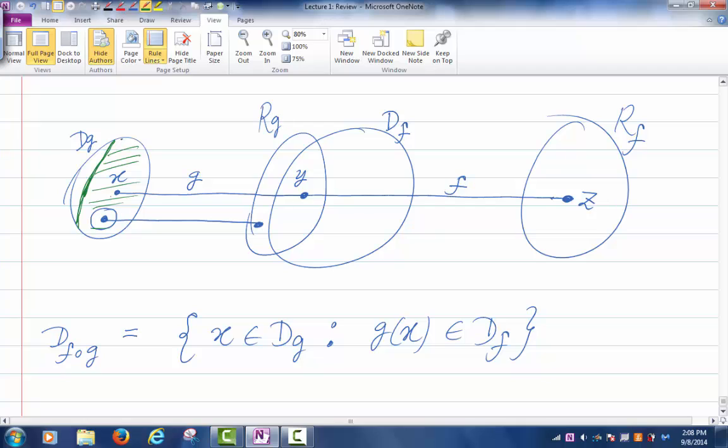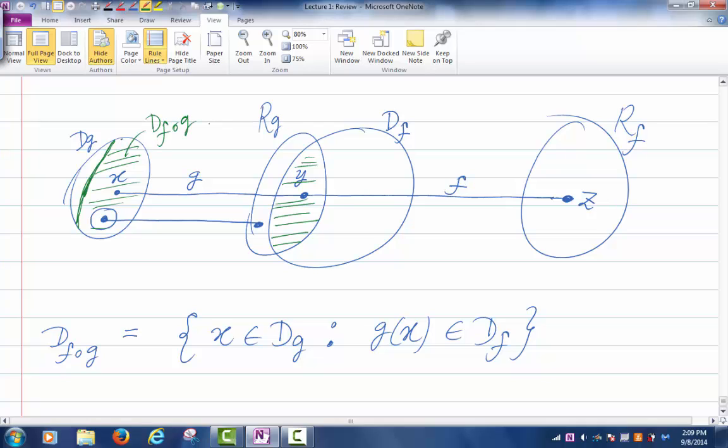That is, all the values of x in the green region will be mapped into the region right here, let's say. And then that region is in the domain of f, and now you can apply f to it. Okay? So this green region would be the domain of f circle g.